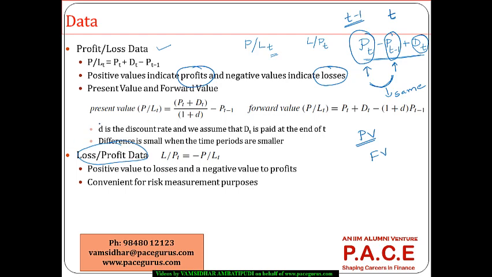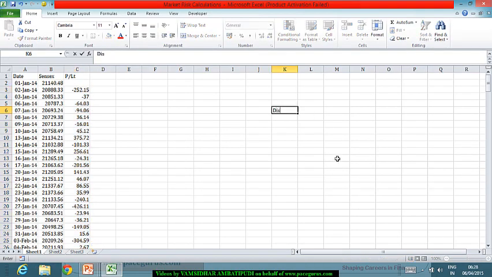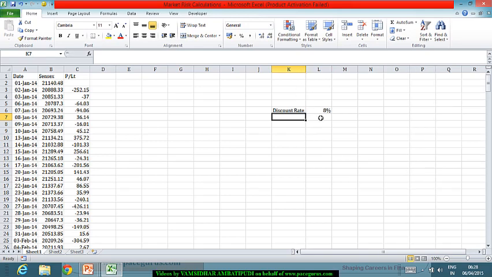And in doing that, we are using some kind of a discount rate. Let's say the risk-free rate per year is around 8%, and I want to use this as the discount rate. This is per year, but here we are computing on a daily basis, so the difference is only for one day.